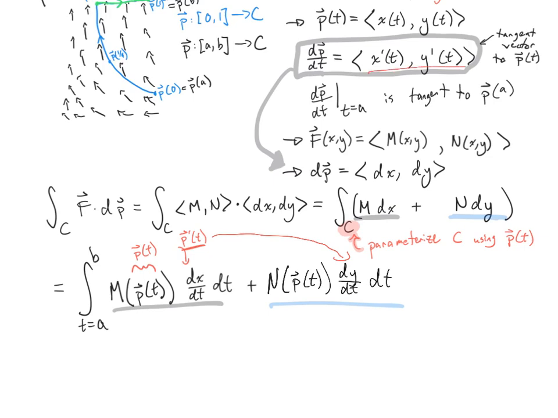And so sometimes people like to rewrite this whole integral in maybe an easier way to remember, because dot products are straightforward, is rewrite this as the integral from t equals a to t equals b of m and n, which are just f, both of them I'm evaluating at P of T. And I'm taking a dot product with P prime of T dt.